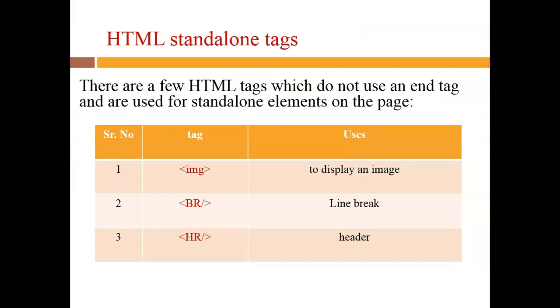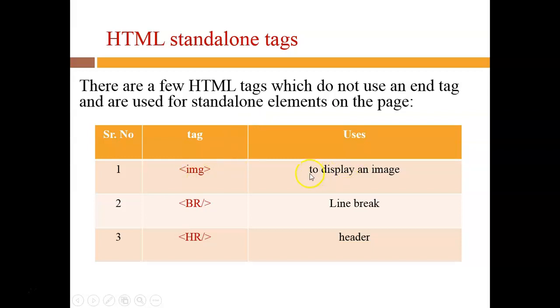Now there are different tags available in HTML. So here first we see the standalone tags. So standalone tags mean what? There are a few HTML tags which do not use an end tag and are used for standalone elements on the page, such as image, that is IMG.